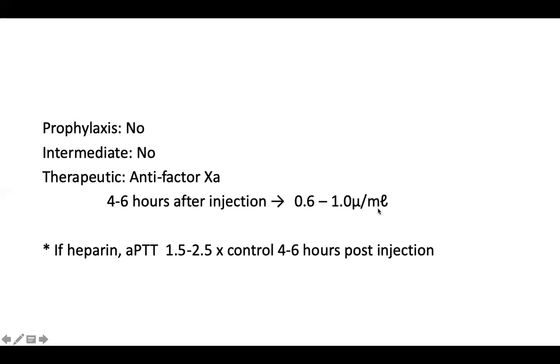And one of my partners feels very different than this. And let me tell you, there is no data to support following levels in anything other than therapeutic Lovenox use, in pregnancy too. So the only one I get really anal about is the therapeutic in somebody I'm worried about because they've got a current heavy load PE, or a mitral valve replacement in the first trimester.